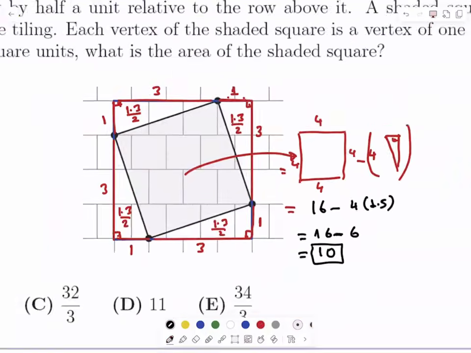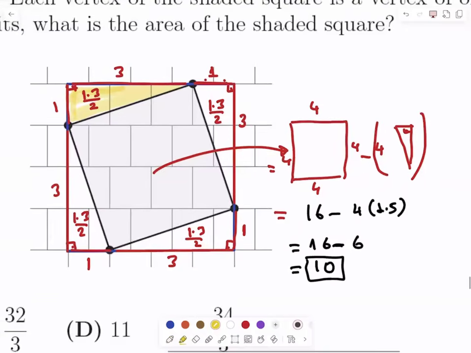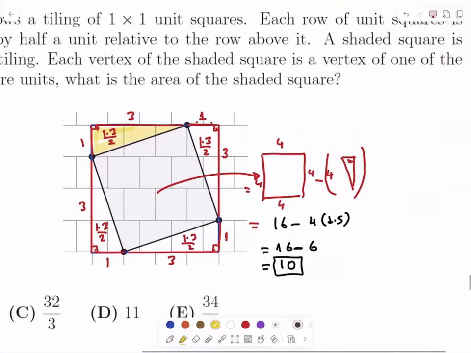Are we doing any mathematical arithmetic mistakes so far? Each corner, those four identical ones. Wait, will the area of the triangles be 1.3 or 1.5?